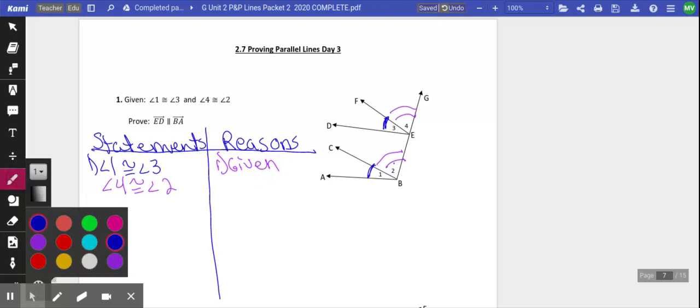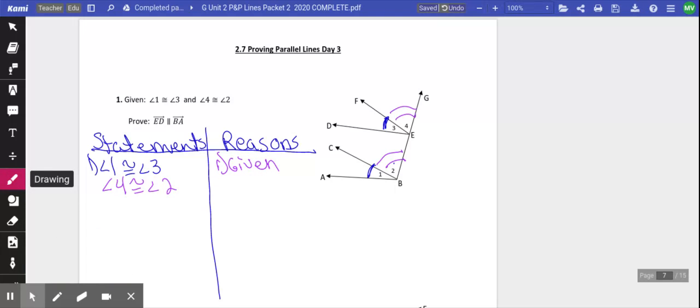But if I look, those angles put together form my larger angles here, which share a side, BG. So what I want to do is add those together. So I'm going to say angle 1 plus angle 2 is equal to angle 3 plus angle 4.